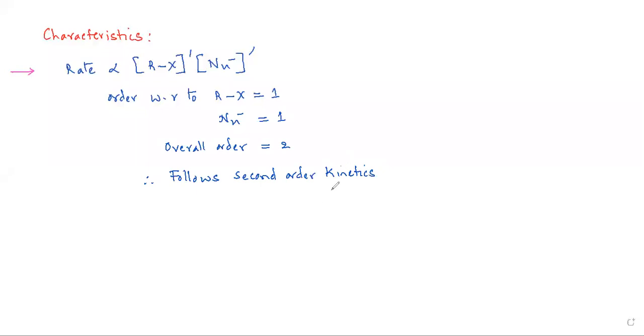Okay. Next. These are all the differences between SN1 and SN2. Observe carefully. In case of SN1, rate was independent of the concentration of nucleophile, but here it is dependent on the first power of the concentration of the nucleophile. That is what I am going to explain now. Rate of SN2 depends on the concentration of nucleophile.